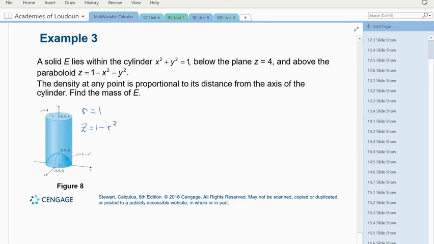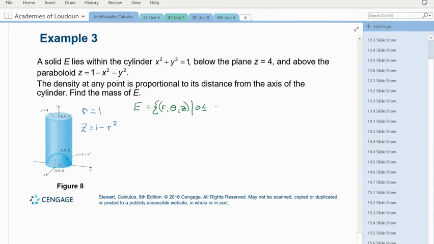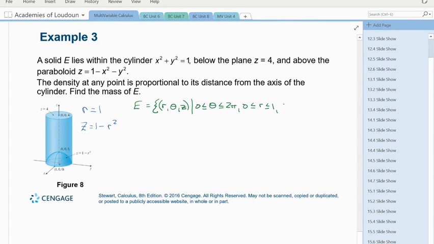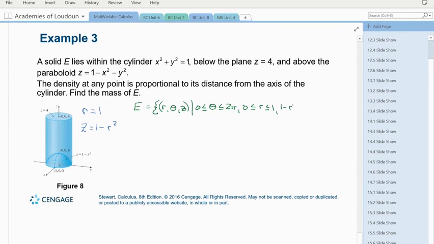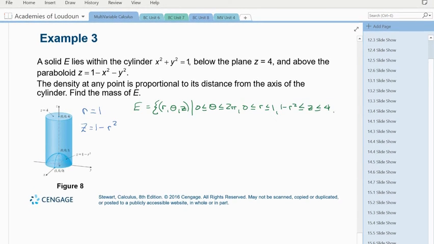And so we can define our region E as all points r, theta, z, such that theta is between 0 and 2 pi, r is between 0 and 1, and z is going to be between 1 minus r squared and 4.